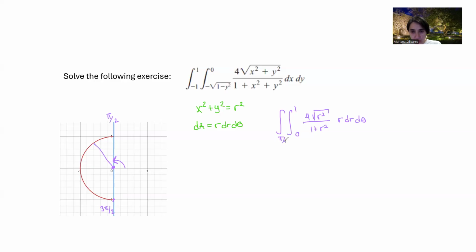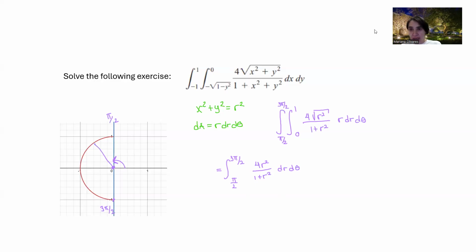The lowest value is going to be pi halves, and here 3 times pi halves. And we have it like this, okay? We can simplify a little bit the exercise. In this case, the square root of r squared is just r, times this r is giving us a 4 r squared over 1 plus r squared, dr d theta. And this is the integral that we need to solve.